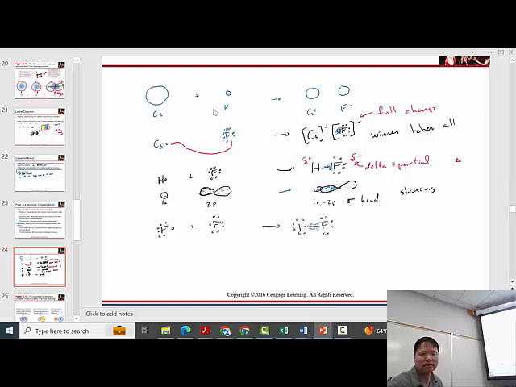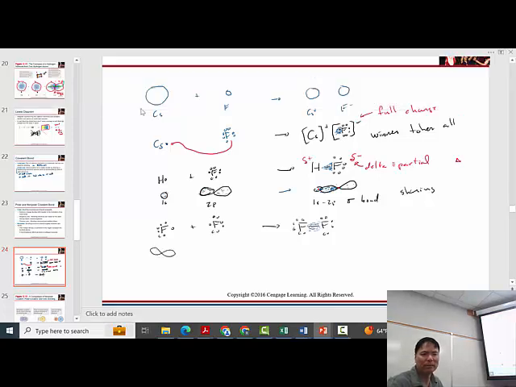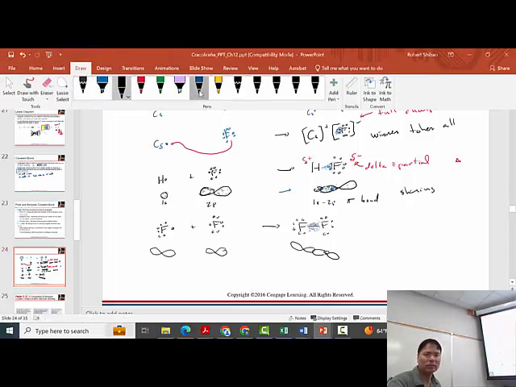And so this is what we call a symmetric electron cloud. This is an asymmetric electron cloud here. Symmetric. And we just have two of these p orbitals overlapping. I just tilted it a little bit because of the angle.